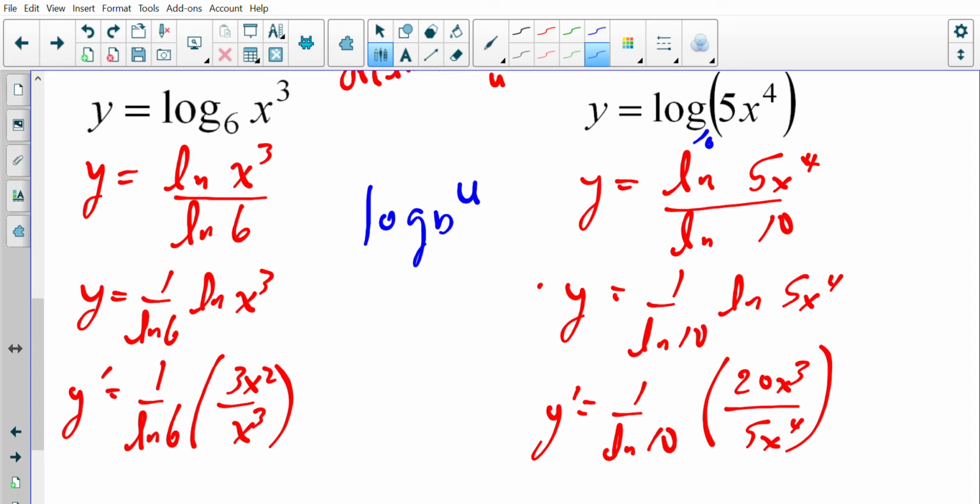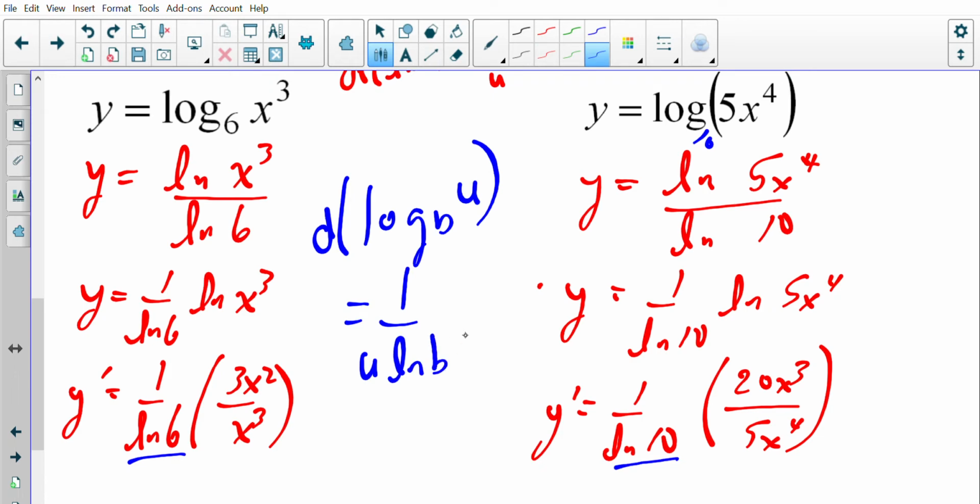So I think what you're seeing here is that this is actually very close to the rule for natural log, which is just du over u, with the exception that you have to multiply by the natural log of your base, which is in fact what the rule is. So the derivative of the log of u to any base is 1 over u multiplied by the natural log of your base multiplied by the derivative of u.